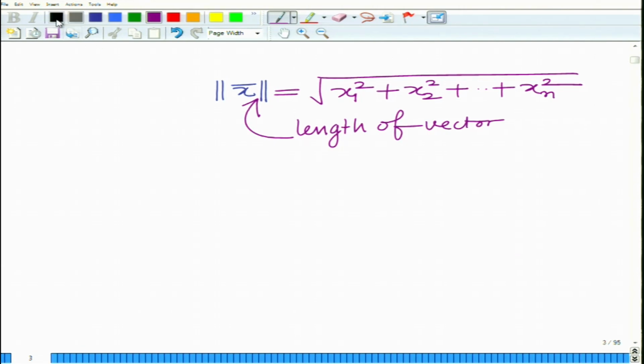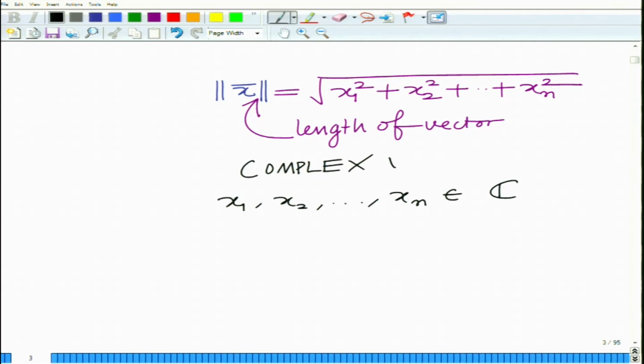Now, we have seen real vectors. Similarly, if x1, x2, xn belong to the set of complex numbers, we want to see the notion of a complex vector.